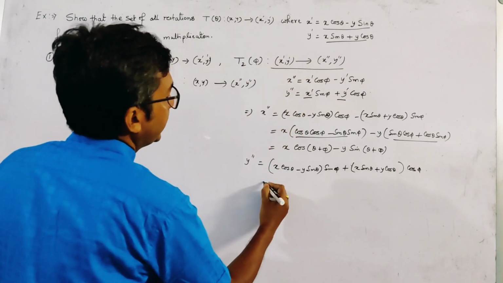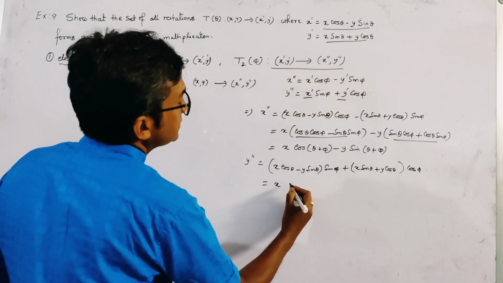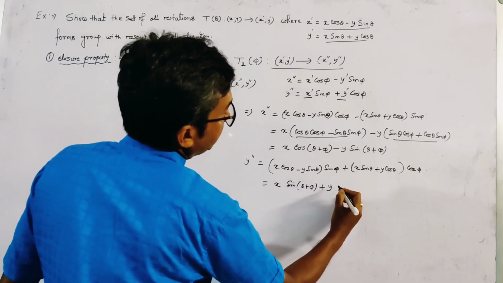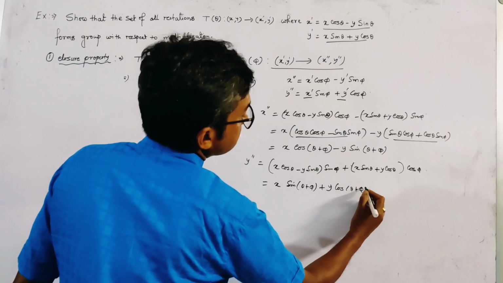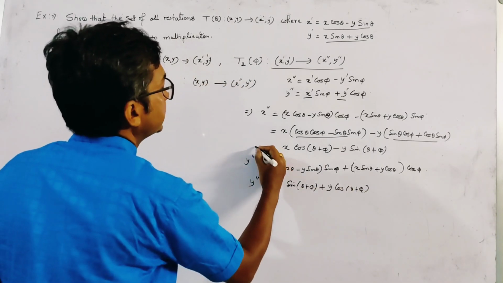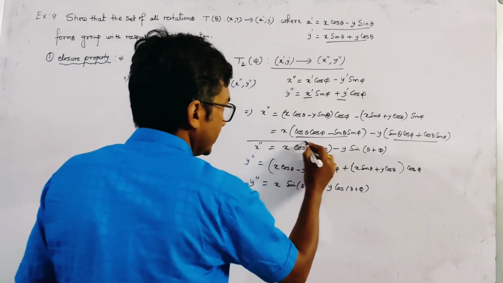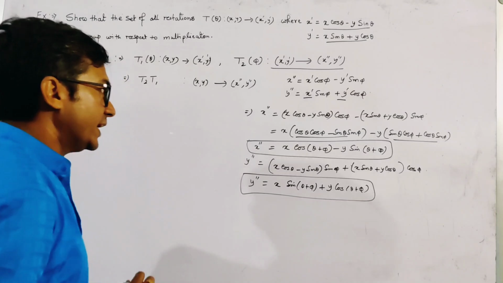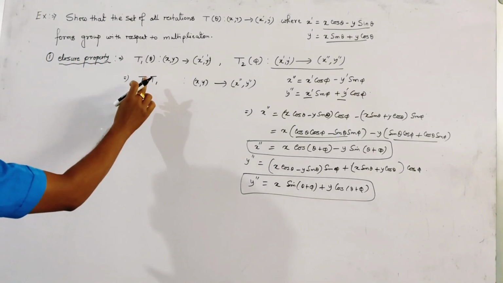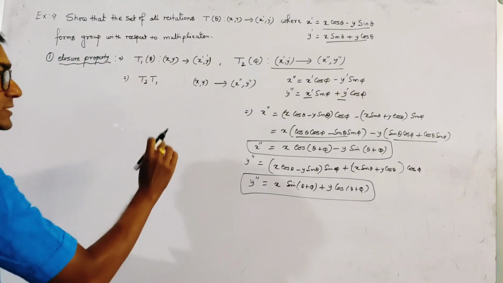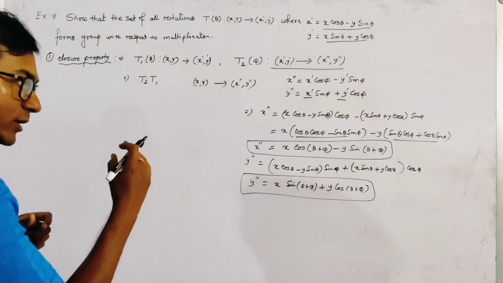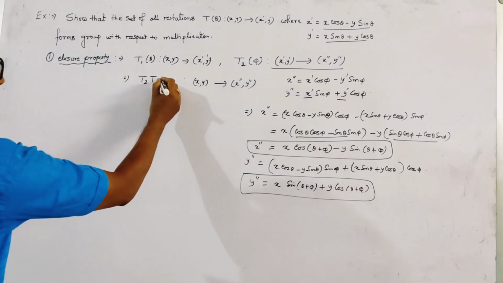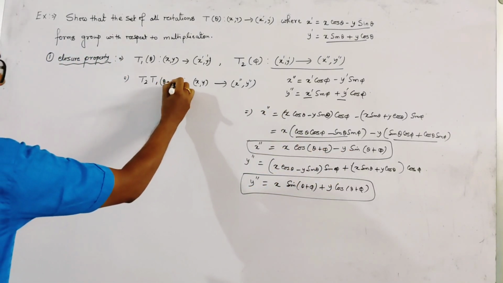In a similar manner we get x sin(theta + phi) + y cos(theta + phi). This is y'' and this is x'', and from these formulas we say that T2 composition T1 is also a rotation, by the angle theta plus phi.